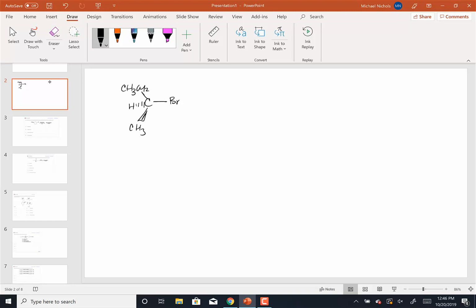So the first step of the mechanism is to break the carbon-bromine bond and give the pair of electrons to the carbon. Okay, when I do that, I'm going to form a carbocation. And that carbocation is going to have an sp2 hybridization.